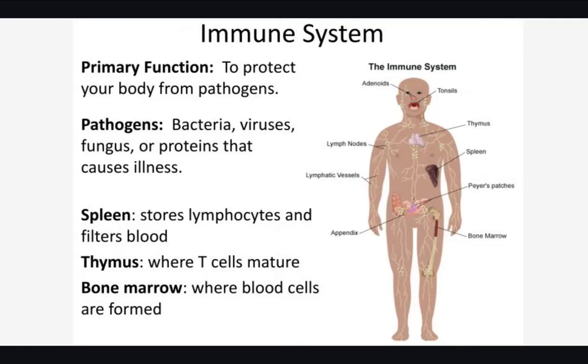Okay, so we have different immune glands or immune cells that would be responsible for fighting off these infections. Some of these are actually produced in the spleen. This one would be responsible for storing lymphocytes and filtering the blood so that the blood will be clean.